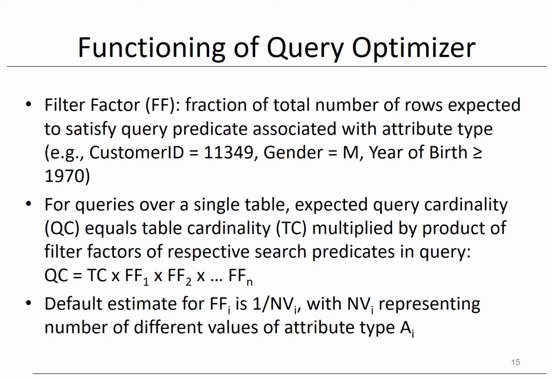In other words, QC equals TC times FF1 times FF2 up to FFN. If no further statistical information is available, then an estimate for FFI is 1 divided by NVI, with NVI representing the number of different values of attribute type AI.